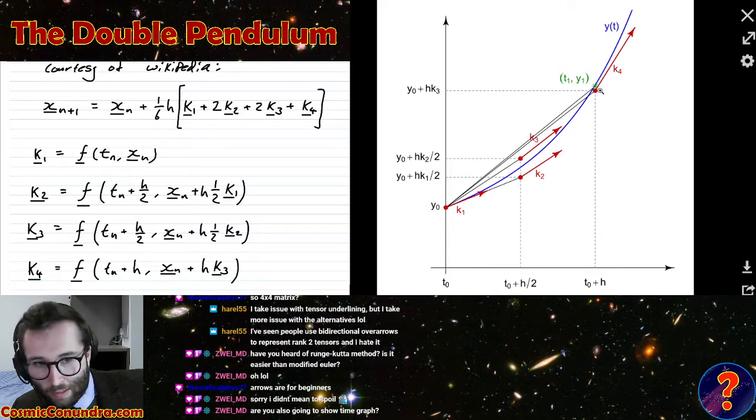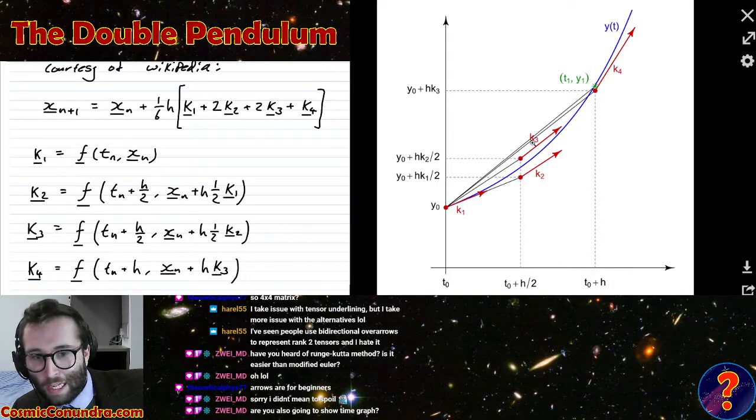It gives you a better approximation of the value of the function than just taking the value of the gradient here, which would be K1, and multiplying by the time step, which you can see would take you out to here. Instead, you're dividing up the interval a little bit more to find a better average for this gradient.